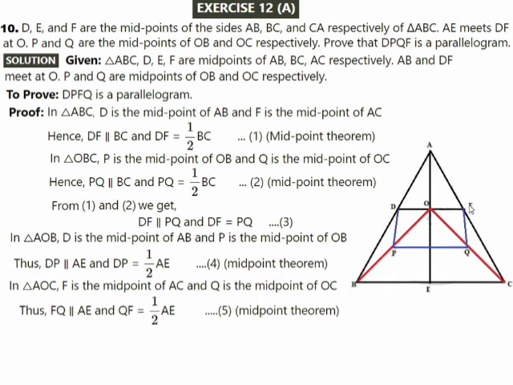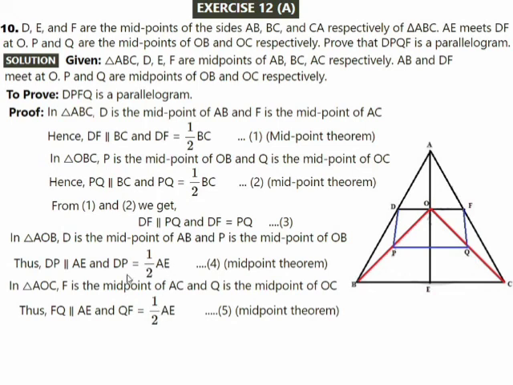So join them. This will be parallel to AO, and FQ will be half of AO. Remember, this is AO.